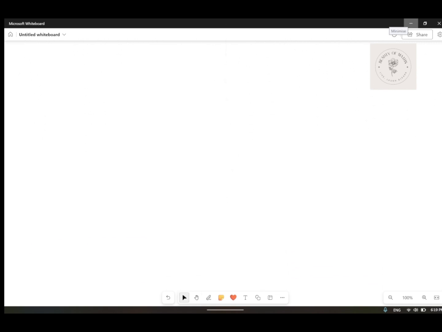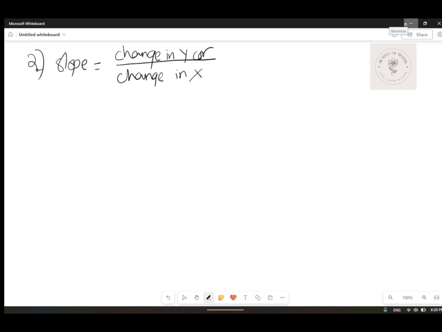We need to understand that there are many other ways we can find the slope, and the second way, and the most important way here, is the change in y coordinate divided by the change in x coordinate. Let's just say change in y divided by change in x.